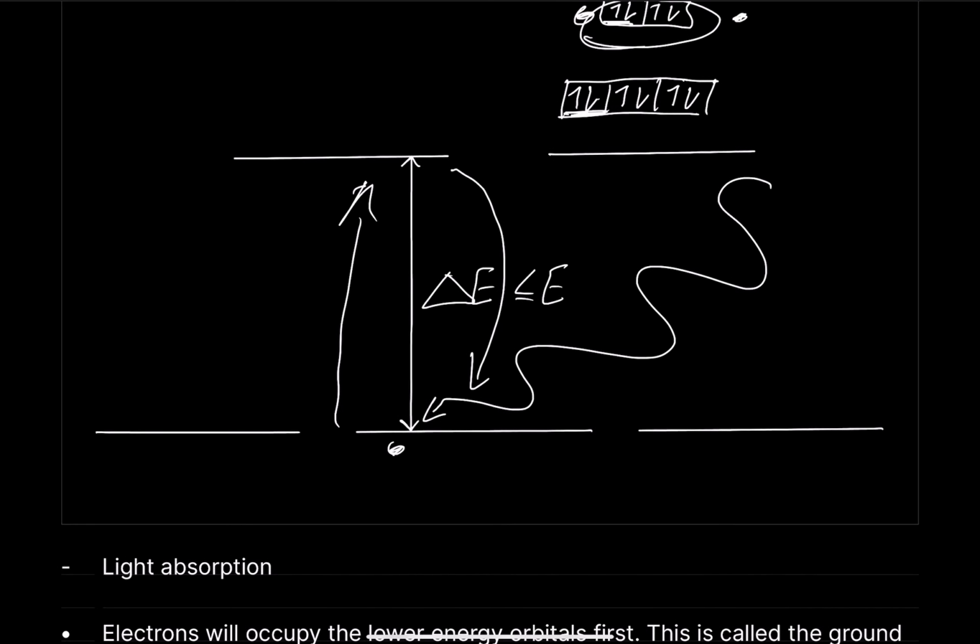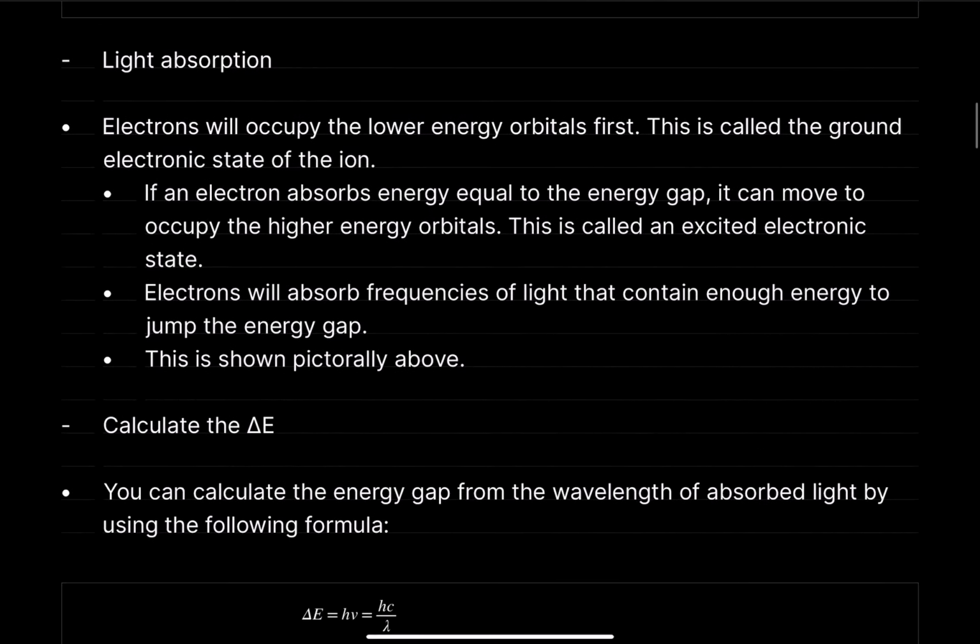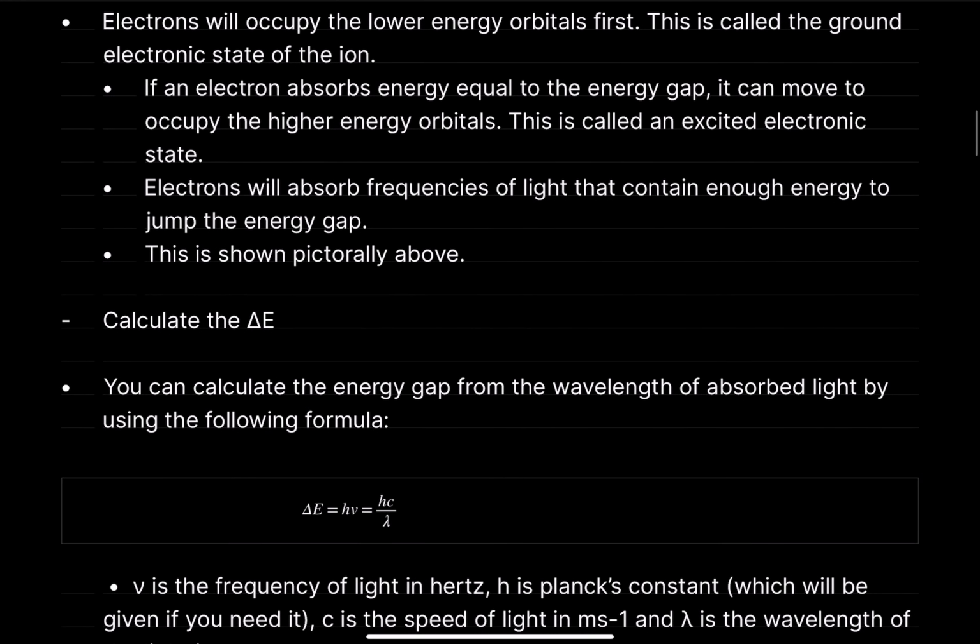There's a way of doing it, and if you're able to get the frequency of light, we can link the frequency of light to the energy gap using this equation. The equation is delta E equals hv, or you can use the equation delta E equals hc over lambda. Either one of those equations.